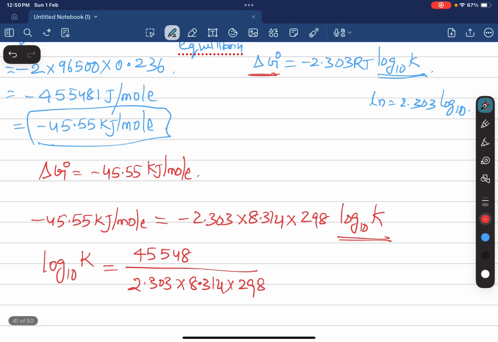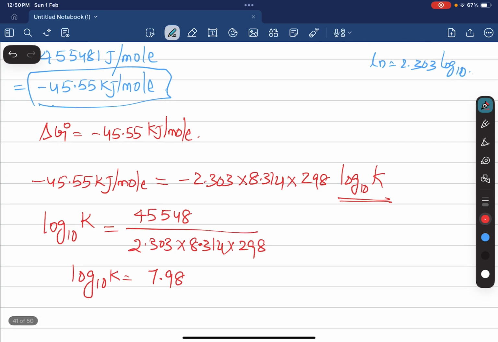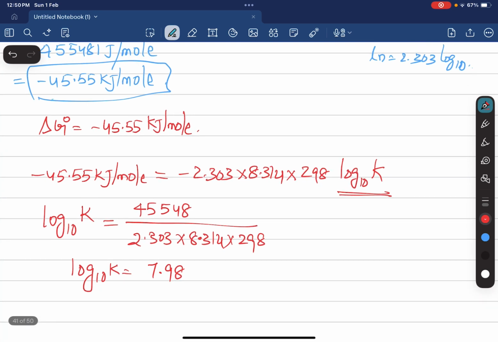This is in joules, so we are taking 8.314. So log base 10 K equals 7.98, and from this we have to find the K value.